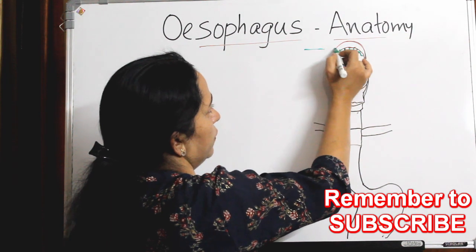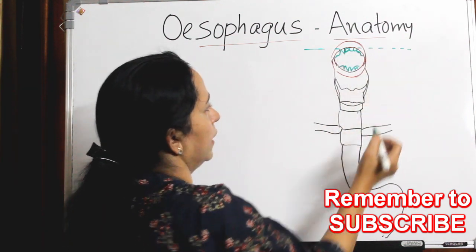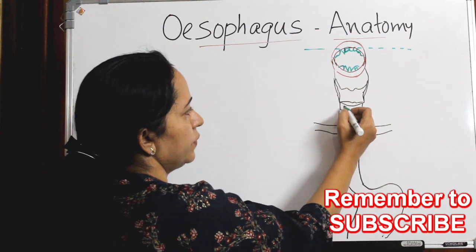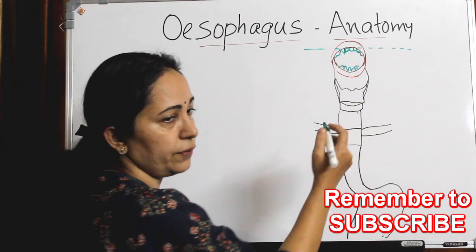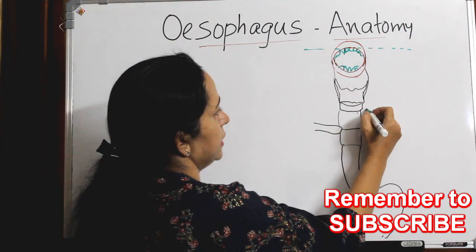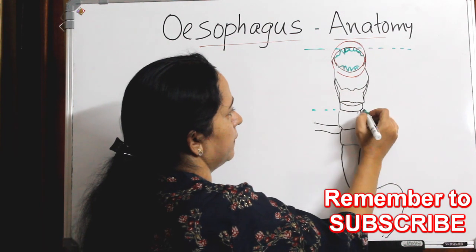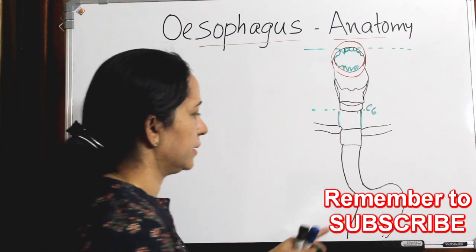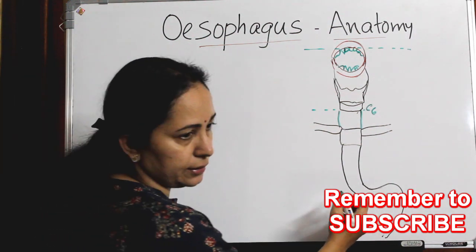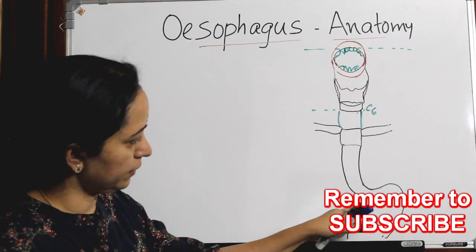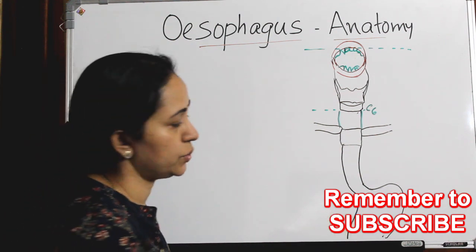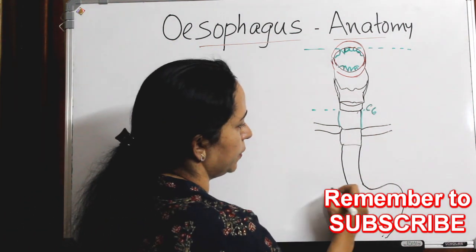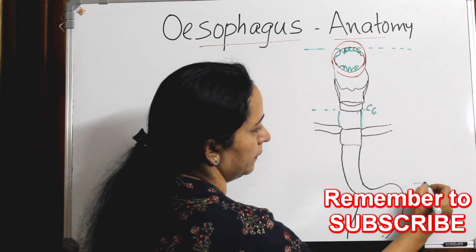From this level, the esophagus starts from the lower border of the cricoid cartilage, that is at the level of C6, and it ends at the gastric end or the stomach end, which corresponds to around T11.